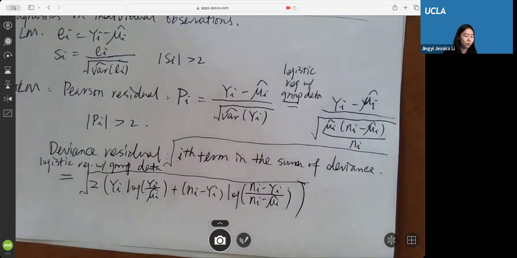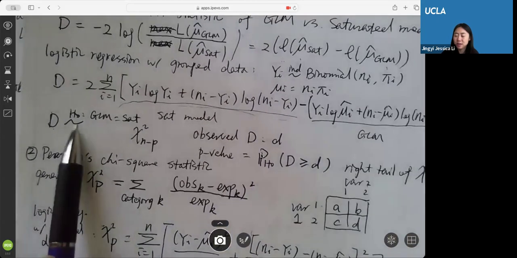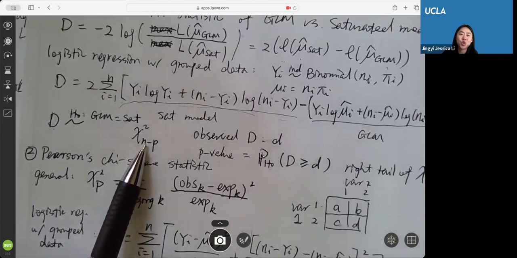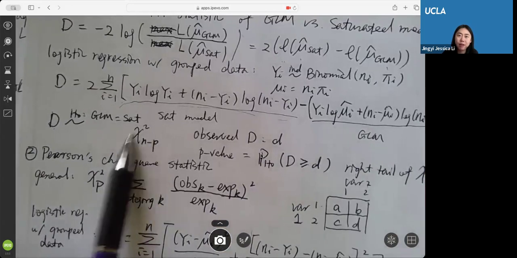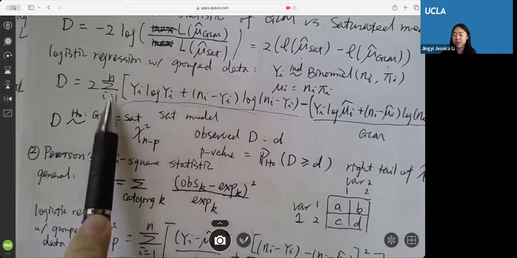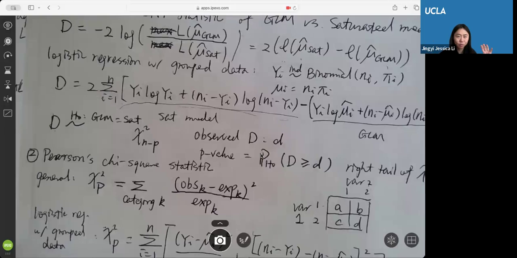What is the rationale for this? The reason is that the deviance, by taking the sum, follows a chi-square. We think about chi-square as the sum of squares of standard normal random variables, and we use that rationale here. Therefore, we think of each term as a squared normal term.